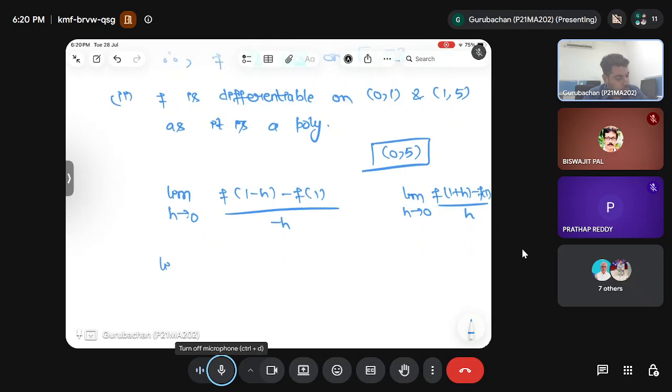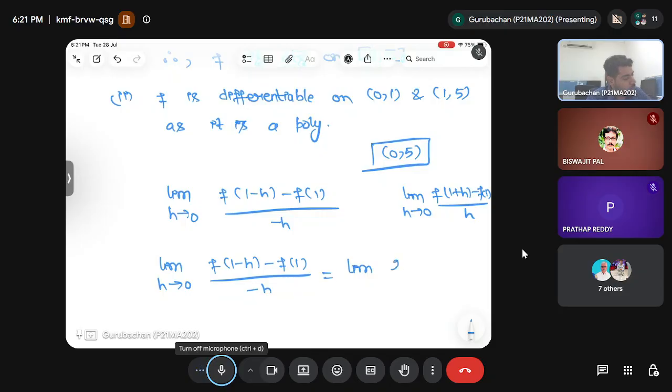For the first one, the left hand derivative, this will be f of 1 minus h minus f of 1 divided by minus h. In the interval before the value 1, our function is nothing but 2x square.